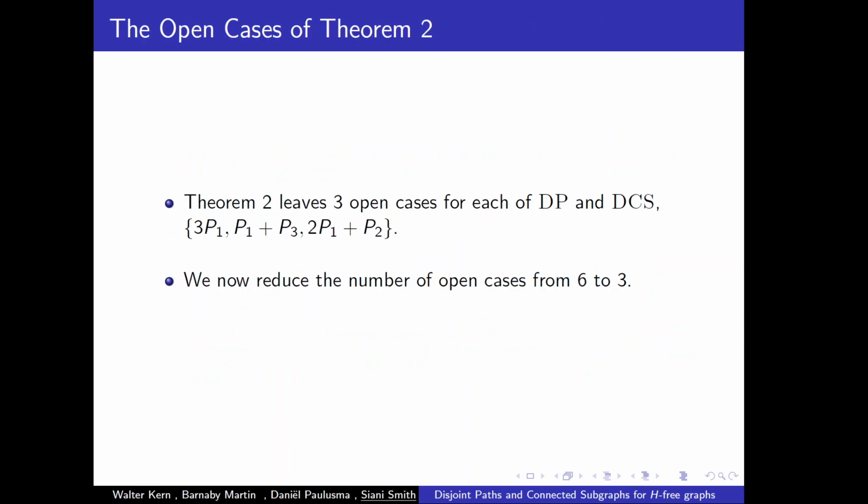And now we look in more detail at the open cases for Theorem 2. Initially we have 6 open cases, 3 for each of our 2 problems: 3P1, P1 + P3, and 2P1 + P2. What we show now is that we can reduce the number of open cases from 6 to 3.